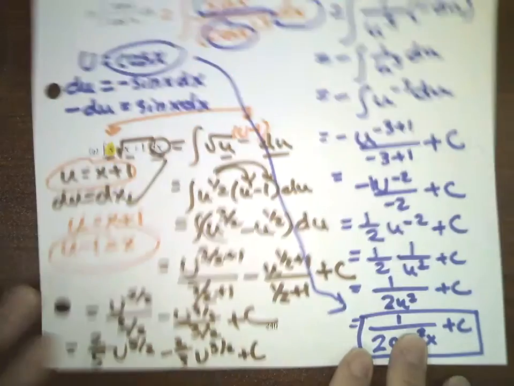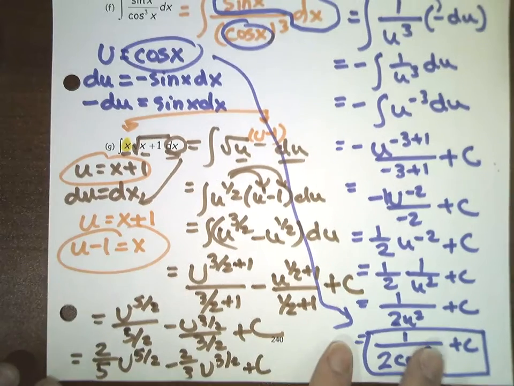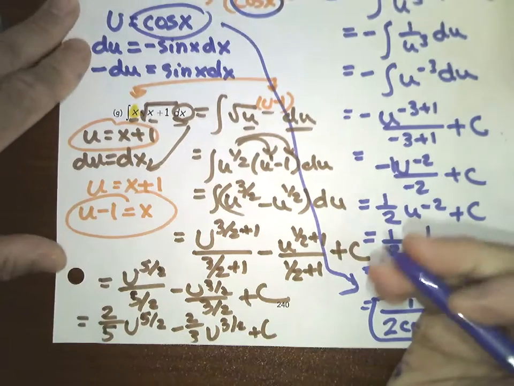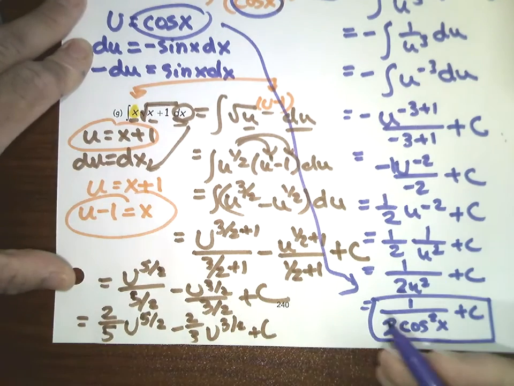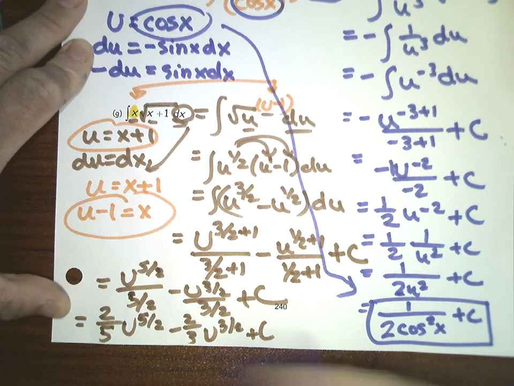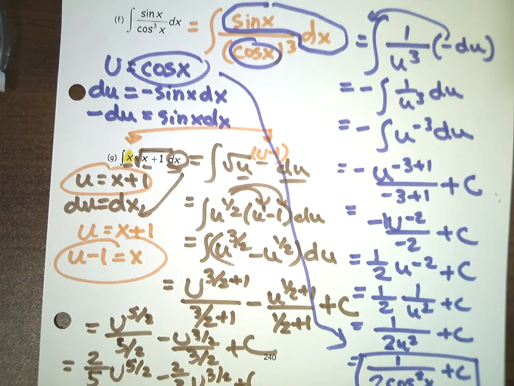And then you can substitute in the x plus 1 if you would like to. Actually, you should, but I think I may have run out of room for this. Let me get another piece of paper here.